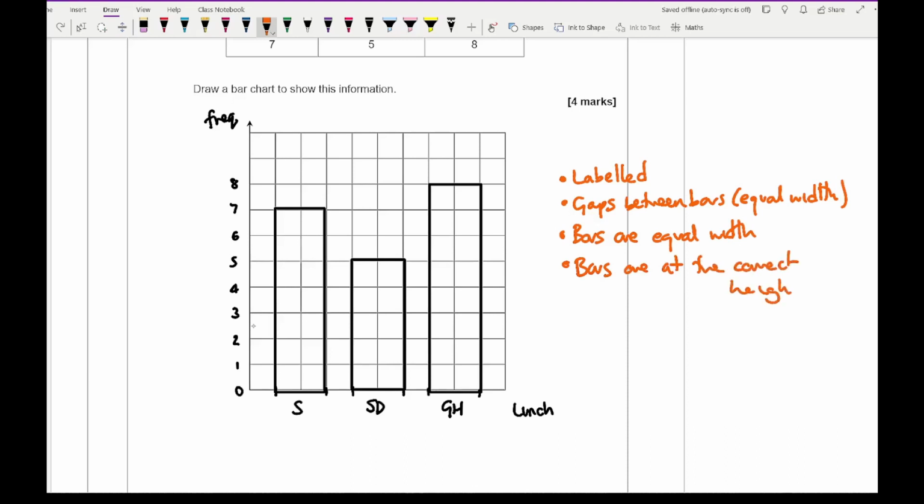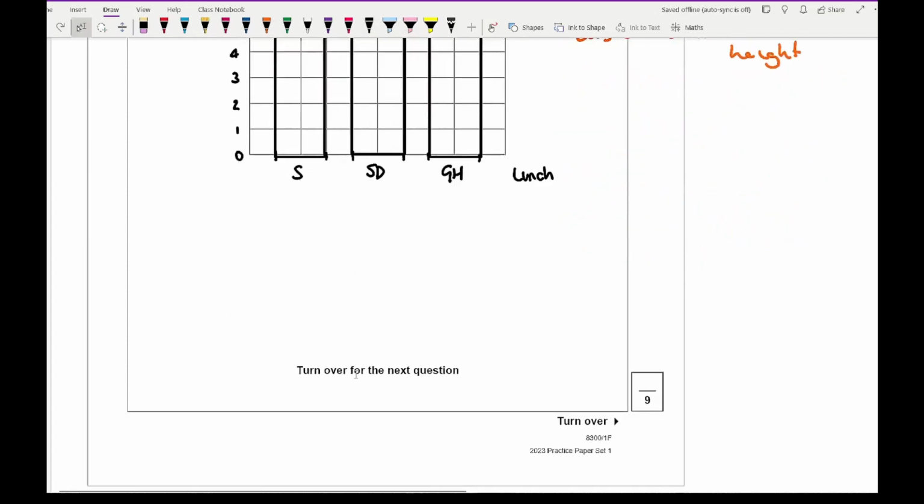Now you might use a different thickness. I've used a bar of 2. Each bar's got 2 squares. You could have 1, that would be absolutely fine. Labelling, you can label if you want. It's very tight in terms of labelling the big words like sandwiches, school dinners and go home, so I've just abbreviated with the single letters, and that would be absolutely fine as well. So just make sure that you are doing it. Obviously your numbers need to go up to at least 8, but if you want to go up to 9 and 10, then that would be absolutely fine as well.